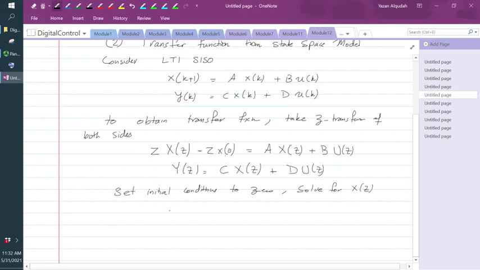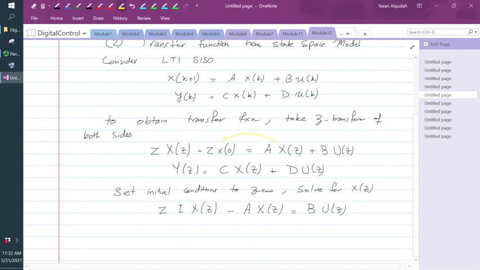So we're going to get z multiplied by I, the identity matrix, multiplied by x of z. If I move a to the other side, minus a multiplied by x of z equal to b multiplied by u of z. So all that's done is we moved this to the other side and set the initial conditions to 0.